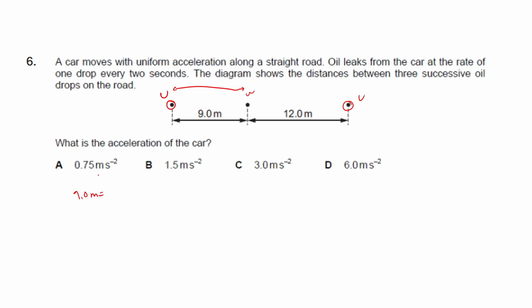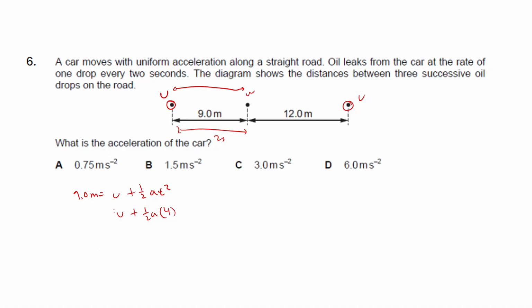I believe it's U minus 1/2 at squared, or U is U minus 1/2 a, and the seconds in this case for each one is going to be 2 seconds. So it's going to be times 4. Actually, this is adding.